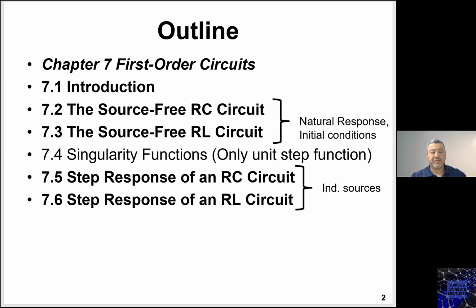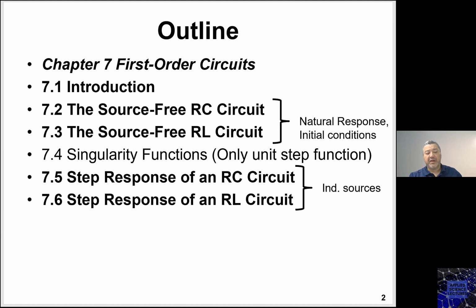We have two types. The first type is called an RC circuit, which basically means that we have a circuit that has no source. The capacitor has an initial voltage stored in it, has energy stored in it, and now this energy is going to be dissipated into the resistor. The second type is the source-free RL circuit.